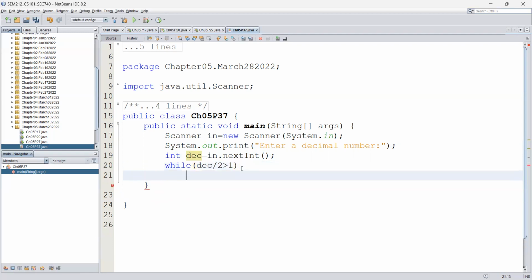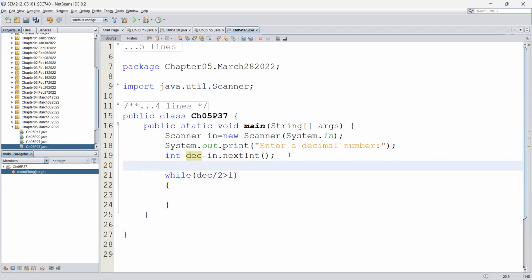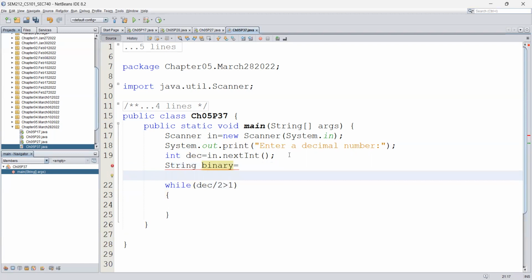What should we do? In between, take a variable, let's say a string called binary. Let's say binary equals an empty string.